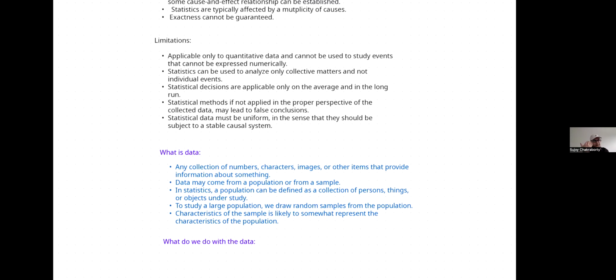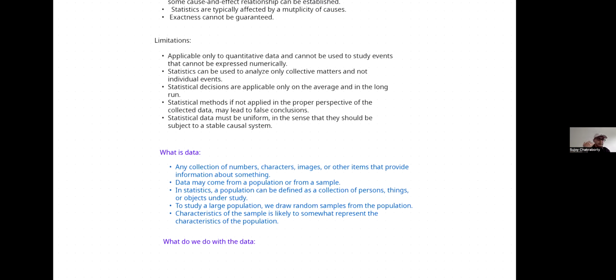Now, based on our interpretation of the data, we make some decisions, right? So that decision could be making some predictions of the quantity that we are observing, or to predict some trend based on the analysis on a certain topic, on a certain subject, okay?